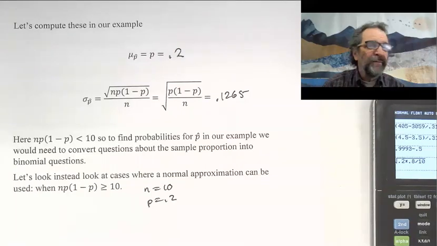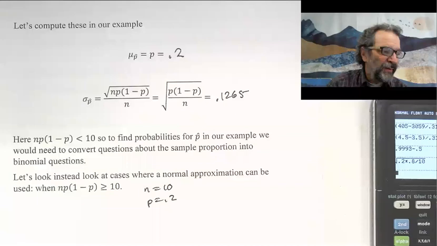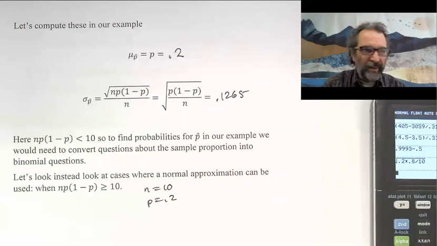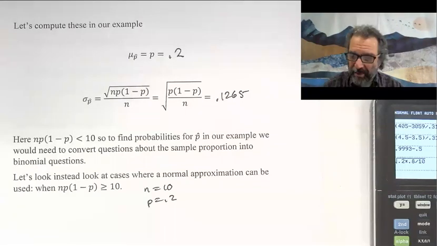We would have to convert any questions we have about the sample proportion into questions about binomial distributions and either look it up in tables or compute the probabilities and add them up by hand, or use a calculator that can do sums of binomial probabilities. But that's not really the job of this class. The job of this class is to think about things where we have reasonable size samples.